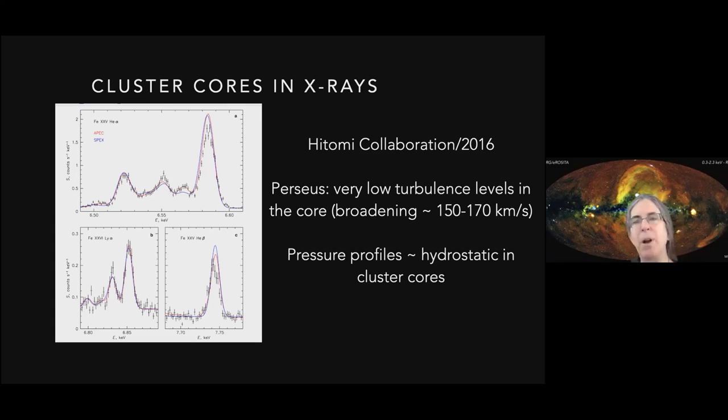The Nature paper argues that this was surprising and amazing, but people like Irina were predicting this, that the turbulence levels are consistent with the levels of fluctuations in the surface brightness, and so the conclusion is that the pressure profiles are consistent with being nearly hydrostatic in these cluster cores.